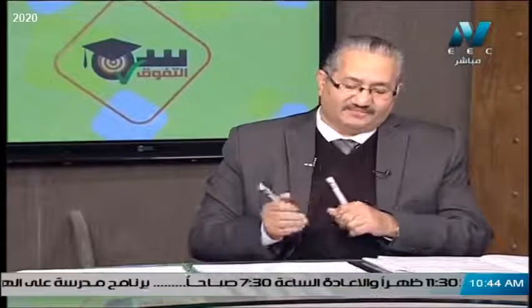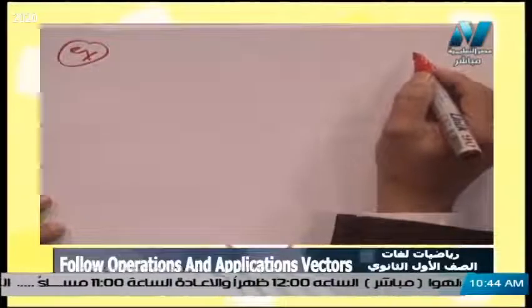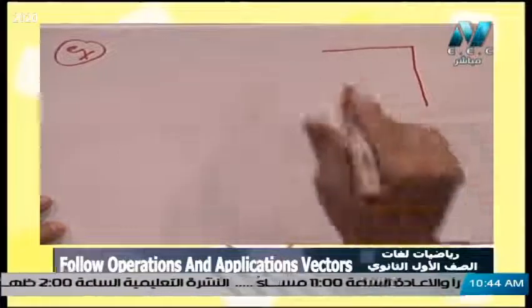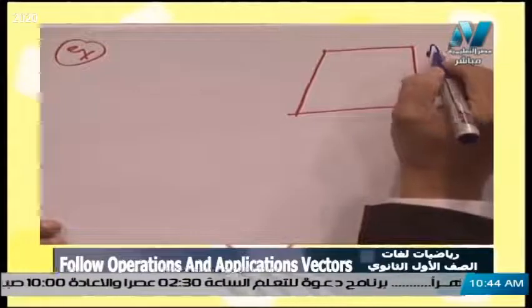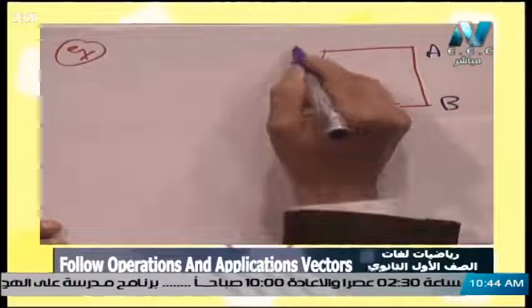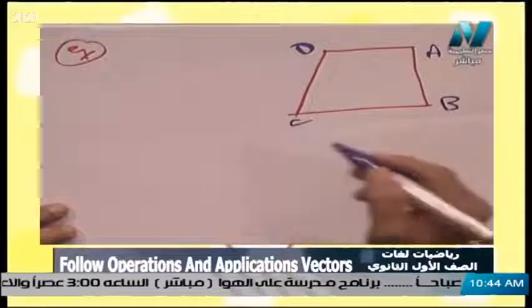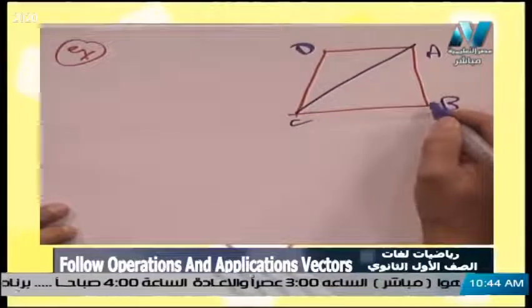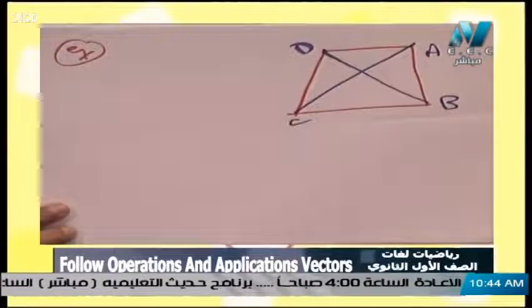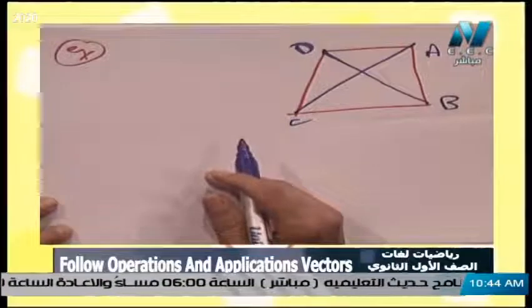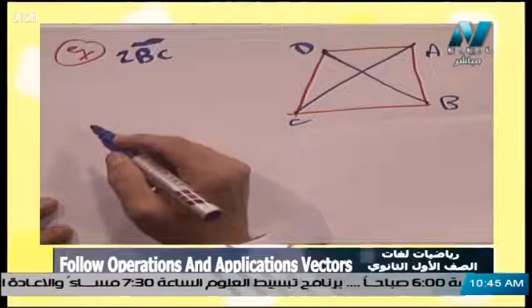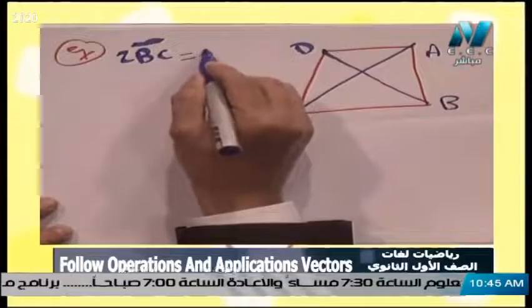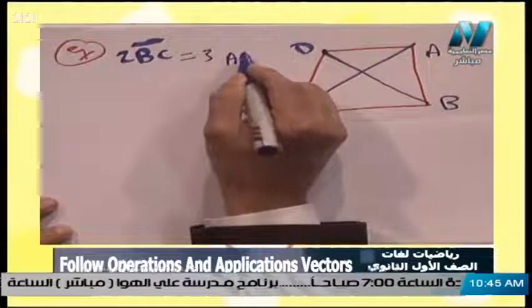So let's have some other example here. If we have another quad A, B, C, D like that, A, B, C, D is a quad, and we have AC and BD are the two diagonals here, okay, and we have a relation here between BC, twice the vector BC equals 3 the vectors AD.